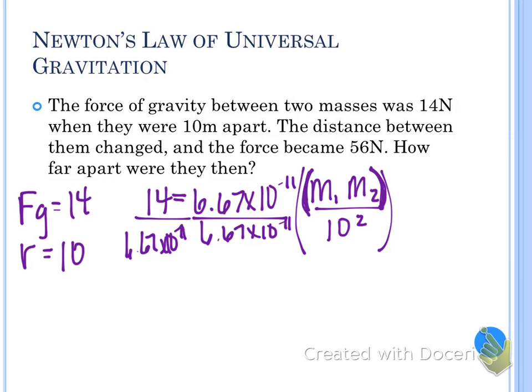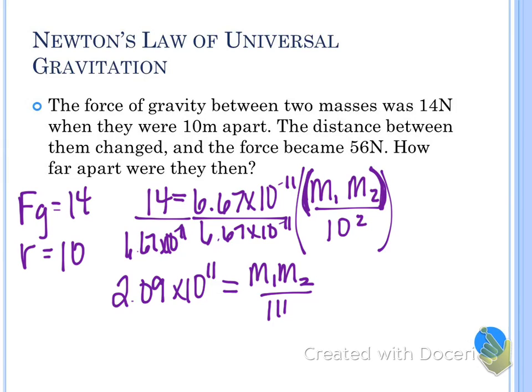Okay, when you divide by a number in scientific notation, you have to either put parentheses and use times 10, or you have to use the e button. Okay, so that gives me 2.09 times 10 to the 11th equals m1, m2 over 100.